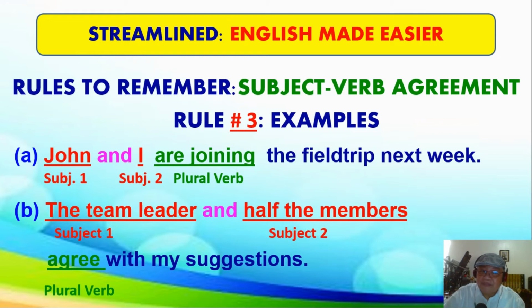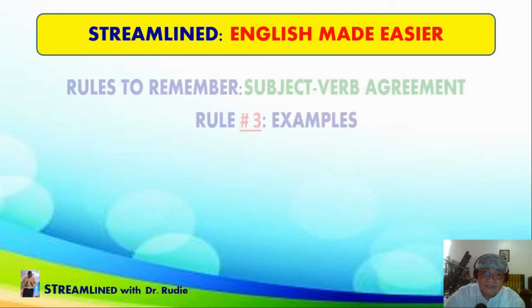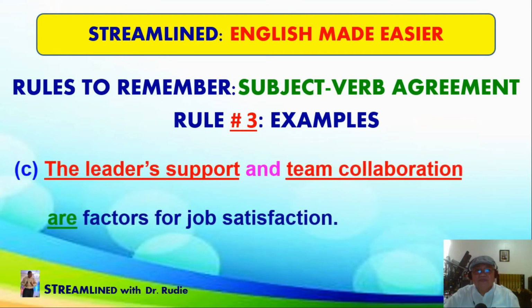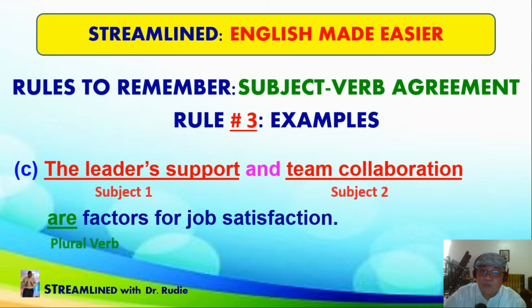Therefore, our verb is agree without an S. And the third example, the leader's support and team collaboration are factors for job satisfaction. Subject number 1, the leader's support. Subject number 2, team collaboration. And our verb is are.